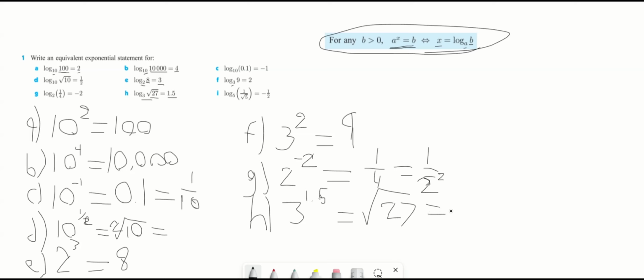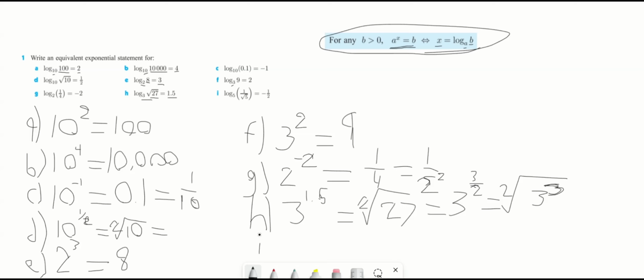This makes sense because 1.5 also equals 3 over 2. And so that means it's the power of 3 and it's the root of 2. So this is the root of 2, and 27 is equal to 3 to the power of 3. So root 2, 3 to the power of 3 in the middle. Just how basic exponents work.